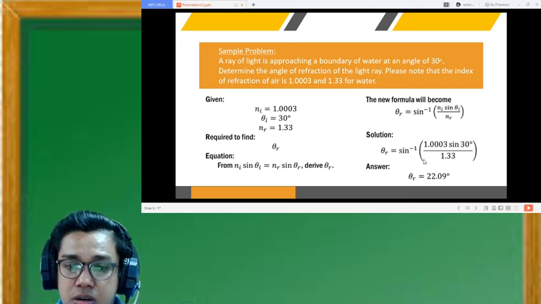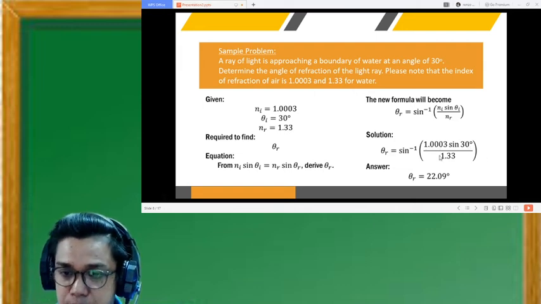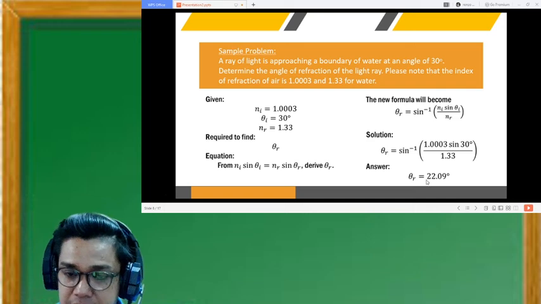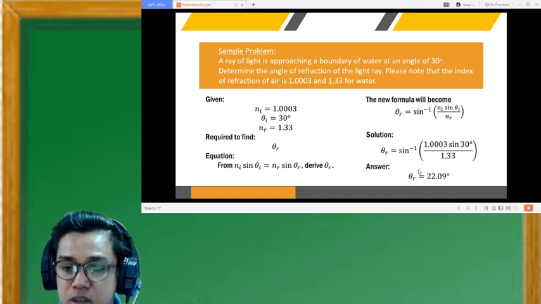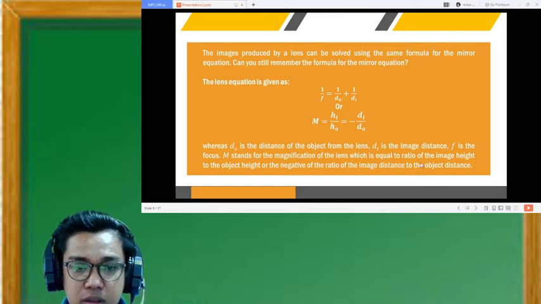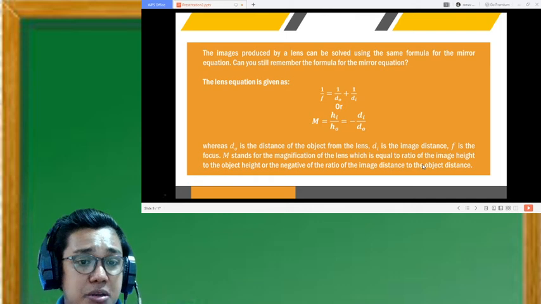Okay? So, rewrite lang natin yung value nito. Then, we multiply this before we divide it. Okay? Before we get the answer. So, we have 22.09.